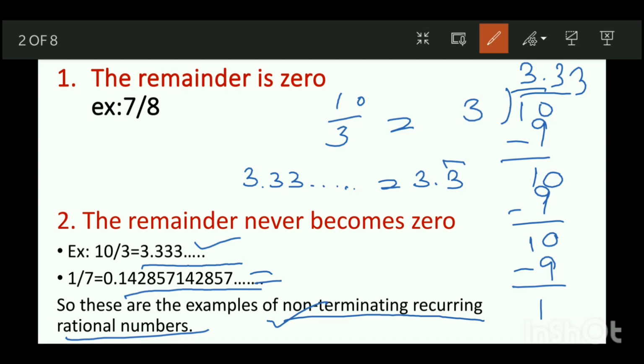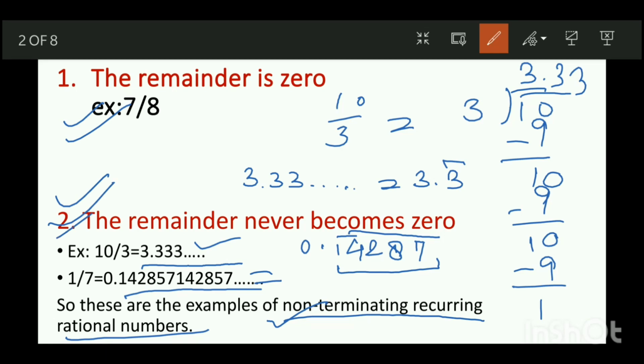Similarly, we can write 0.142857 with a bar like this. This means the pattern 142857 is repeating. I hope you all understood both kinds of decimal expansion.